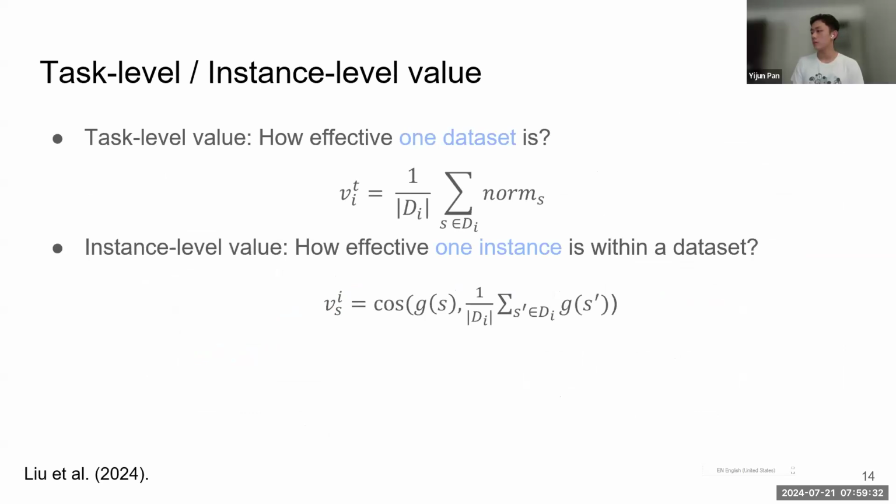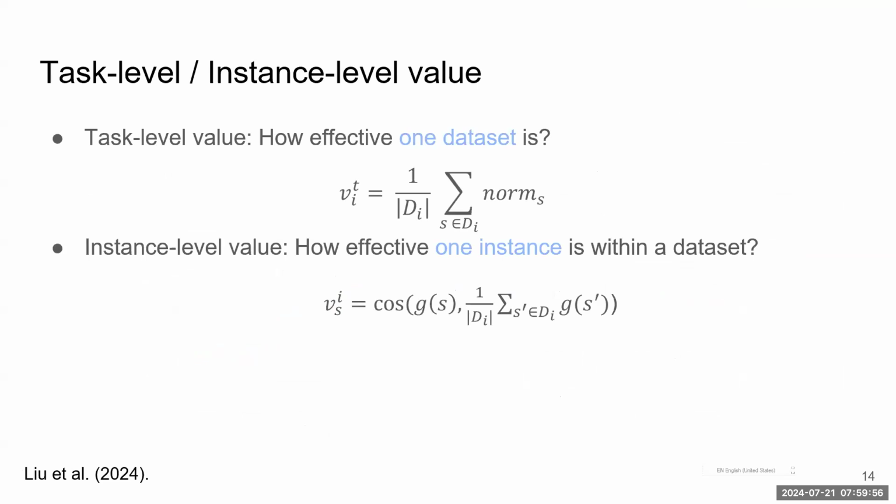I was wondering about the intuition of the instance level value here. Consider the case that you have a data set with a large group of data points that are very similar to each other, and you have two small groups of outliers.